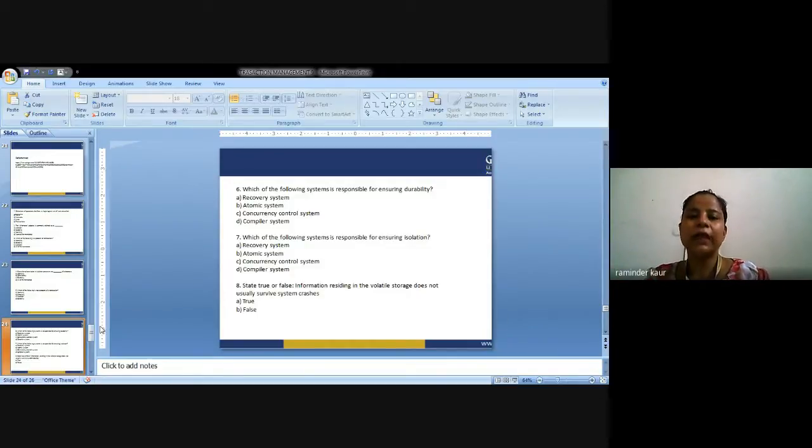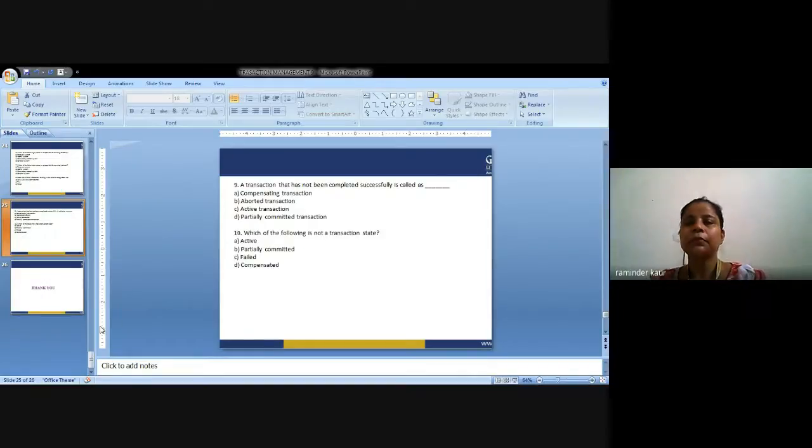Next, state true or false: information residing in volatile storage does not usually survive system crashes. Either this statement is true or it is false. Next: a transaction that has not been completed successfully is called a compensating transaction, aborted transaction, active transaction, or partially committed transaction.